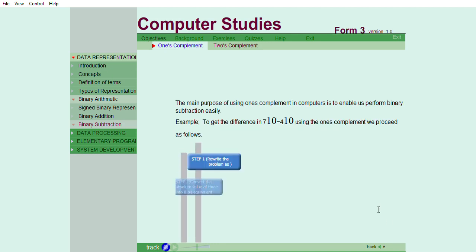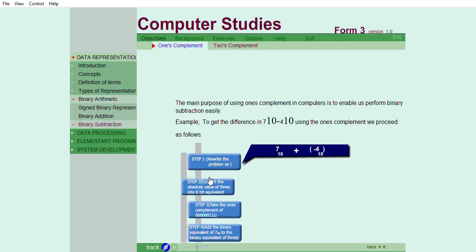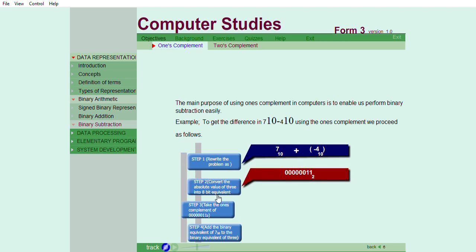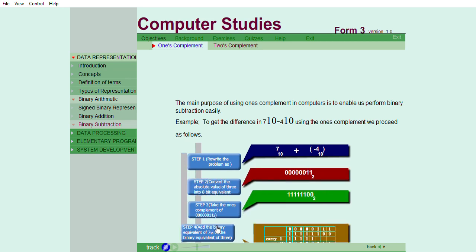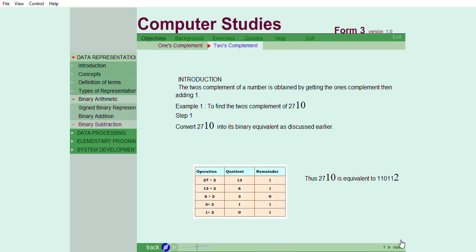The main purpose of using ones complement in computers is to enable us to perform binary subtraction easily. For example, to get the difference in 7 to the base of 10 minus 4 to the base of 10, using the ones complement, we proceed as follows. The 2's complement of a number is obtained by getting the ones complement then adding 1.